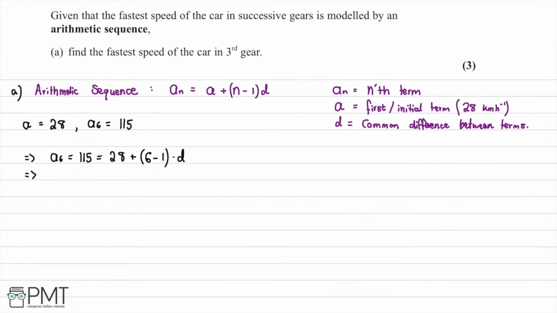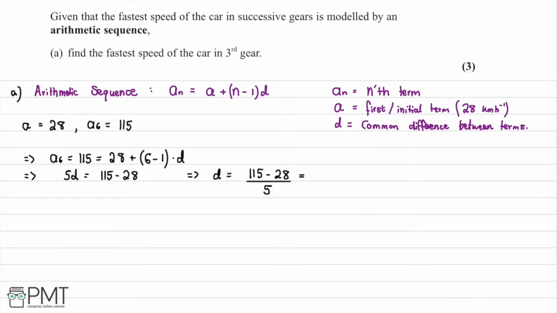Therefore, we'll have that 5d is going to be equal to 115 minus 28, after subtracting 28 from both sides. So d is going to be equal to (115 minus 28) divided by 5, and when we put this into our calculator, this comes out as 17.4.